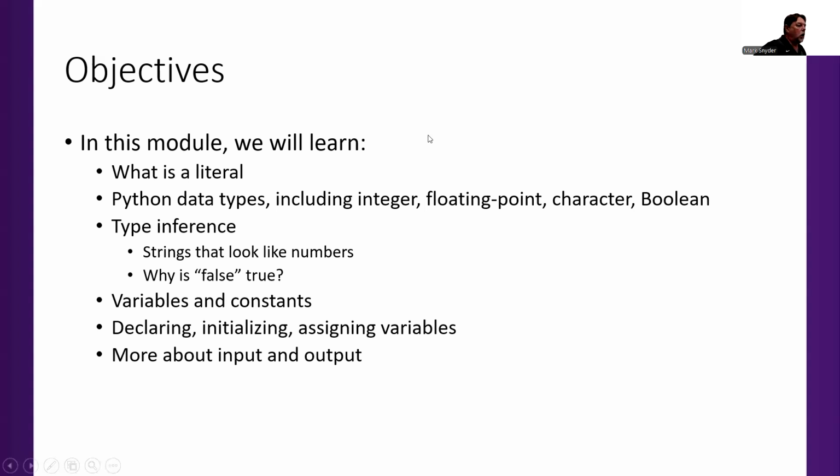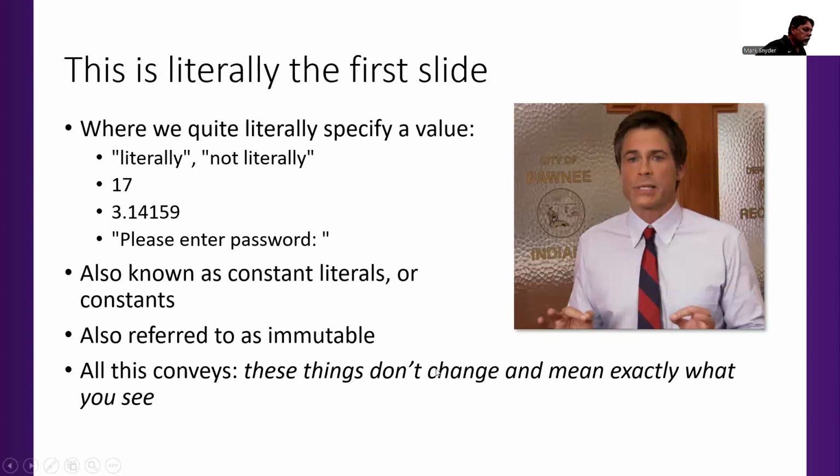So moving on. When we talk about literals, I mean literally the value 17. When I say 17, digits 1 and 7, to the compiler, I literally mean that value. It's not symbolic for anything.